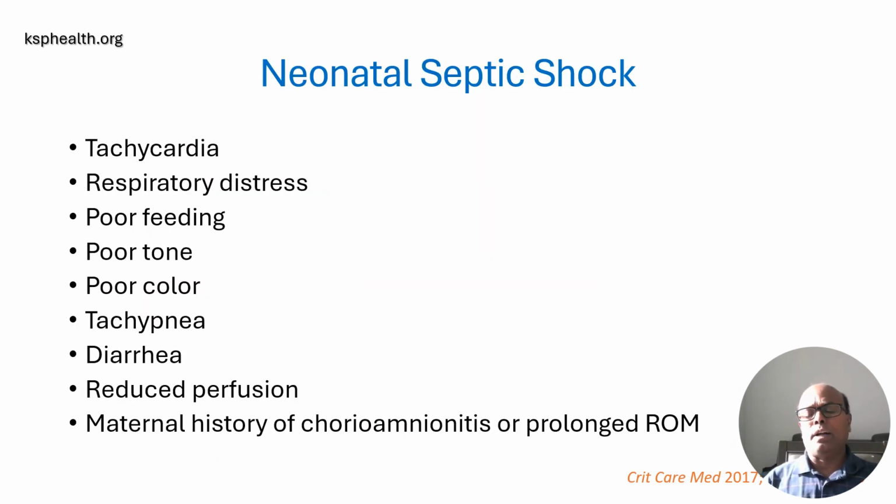Neonatal septic shock can present with the following signs and symptoms: newborns can have tachycardia, respiratory distress, poor feeding, poor tone, poor color, tachypnea, diarrhea, reduced perfusion, and often have a maternal history of chorioamnionitis or prolonged rupture of membranes.